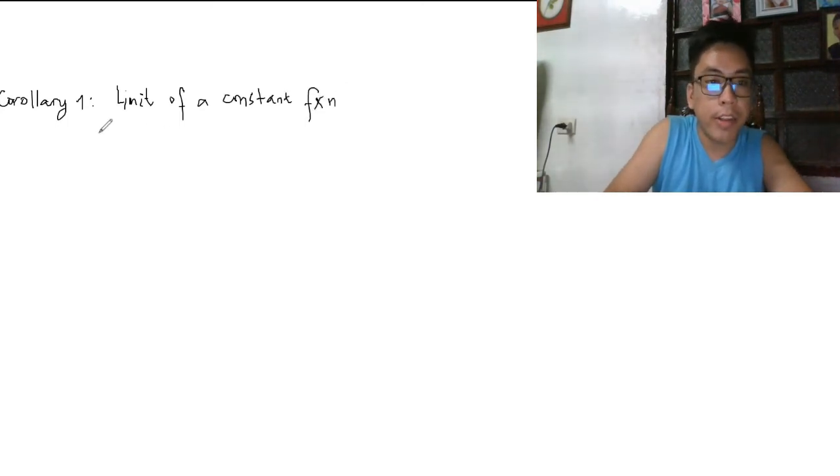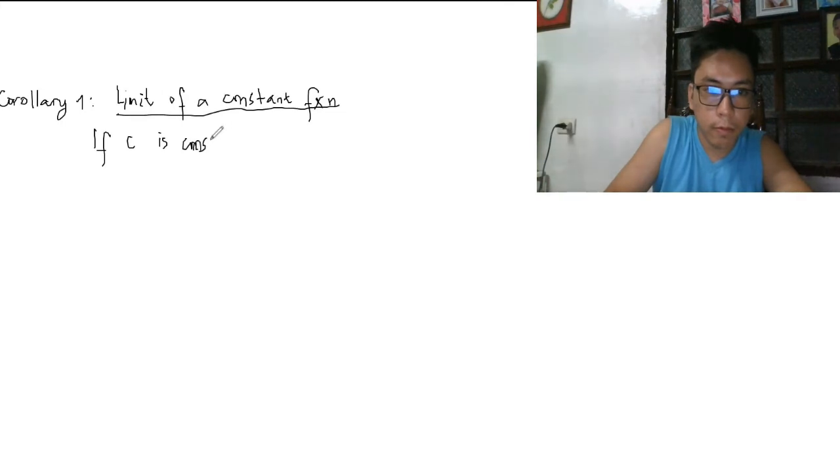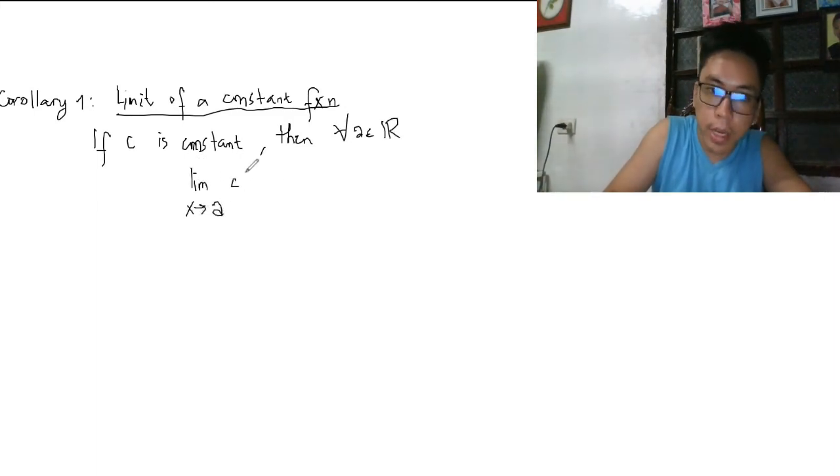The limit of the constant function simply tells us that if c is constant, then for all a in R, the limit of c as x approaches a, so that means to say this is constant, is always c.